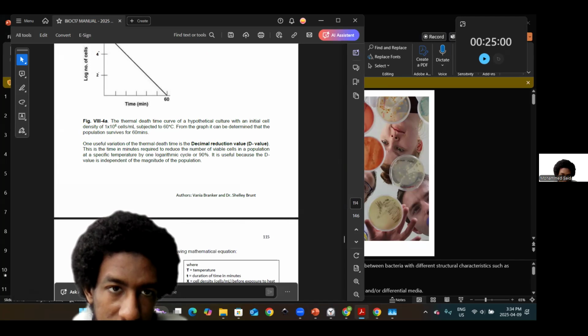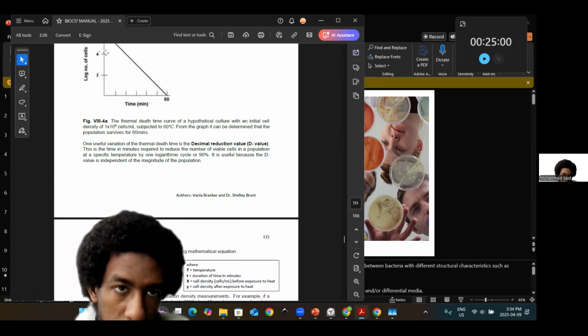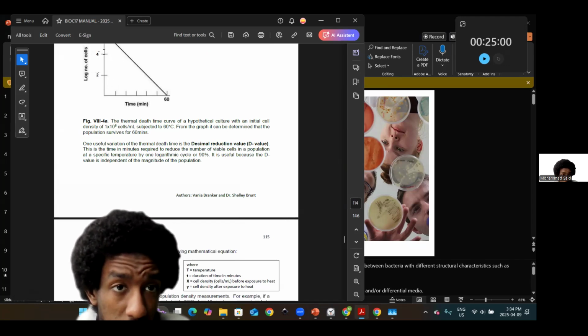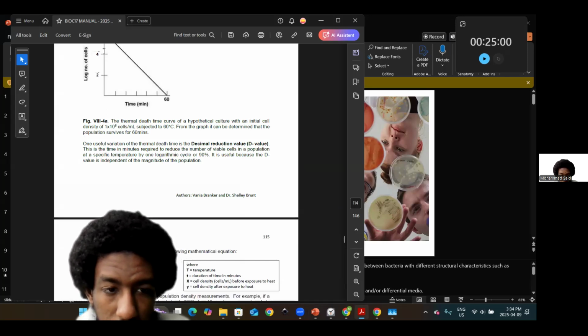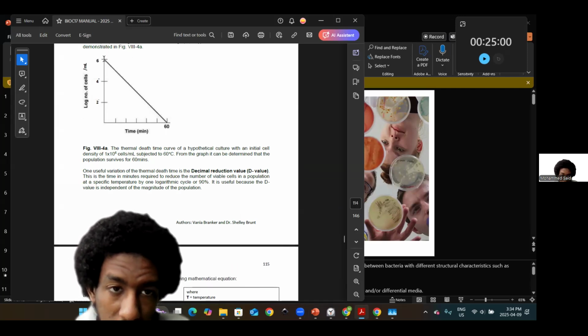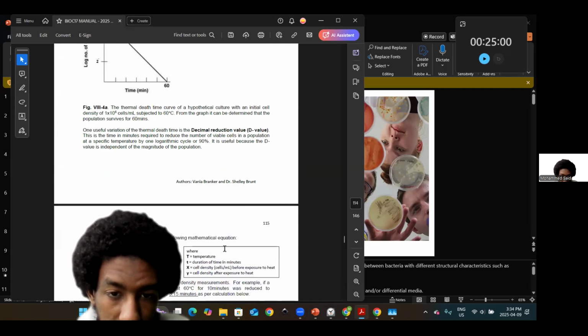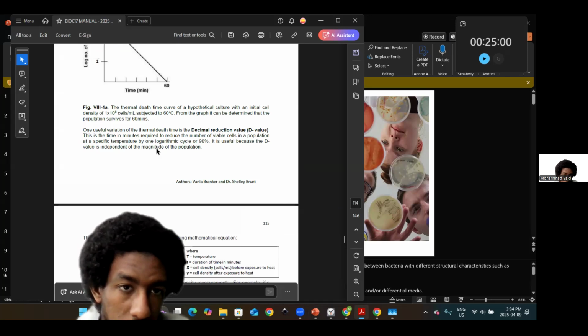Think about it once again: your population is going down from Y2 to Y1. Y2 is technically X, your initial population, which could have started out at 0 minutes, i.e., before exposure to heat.